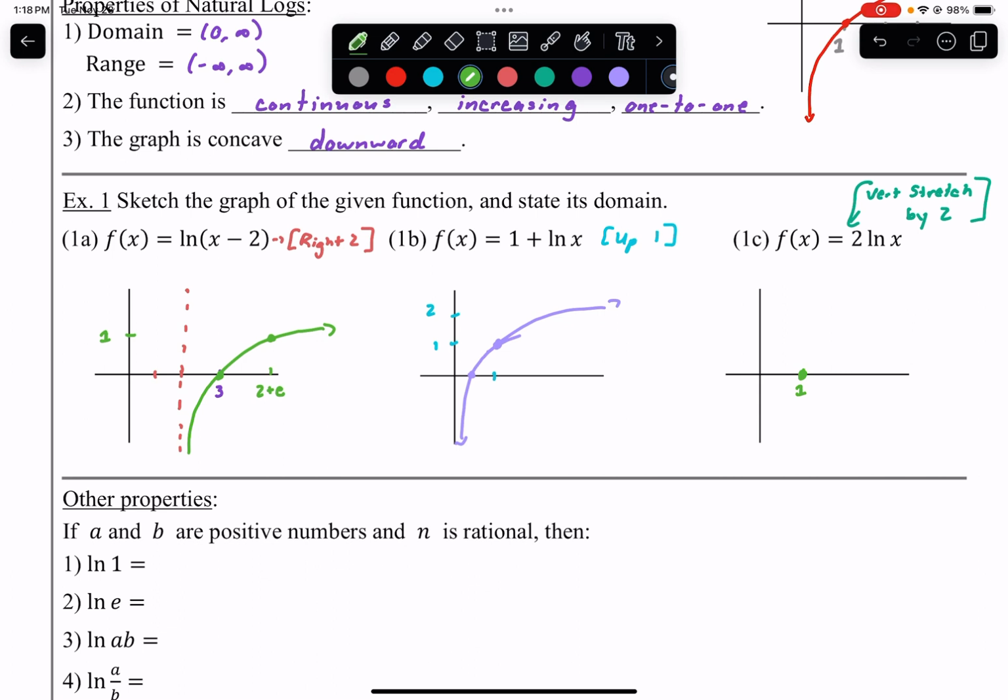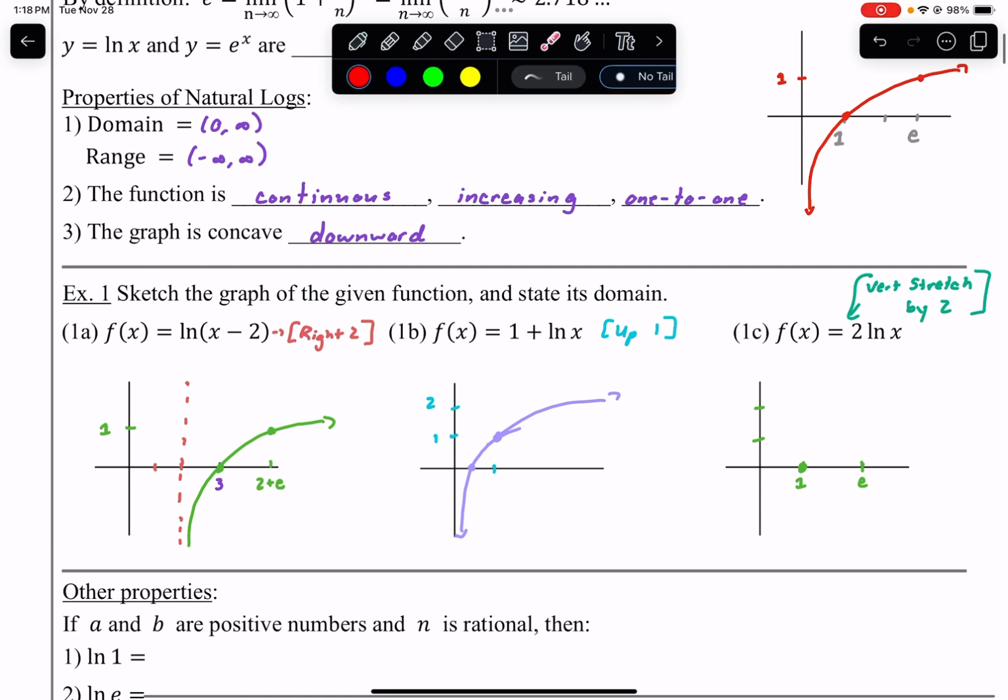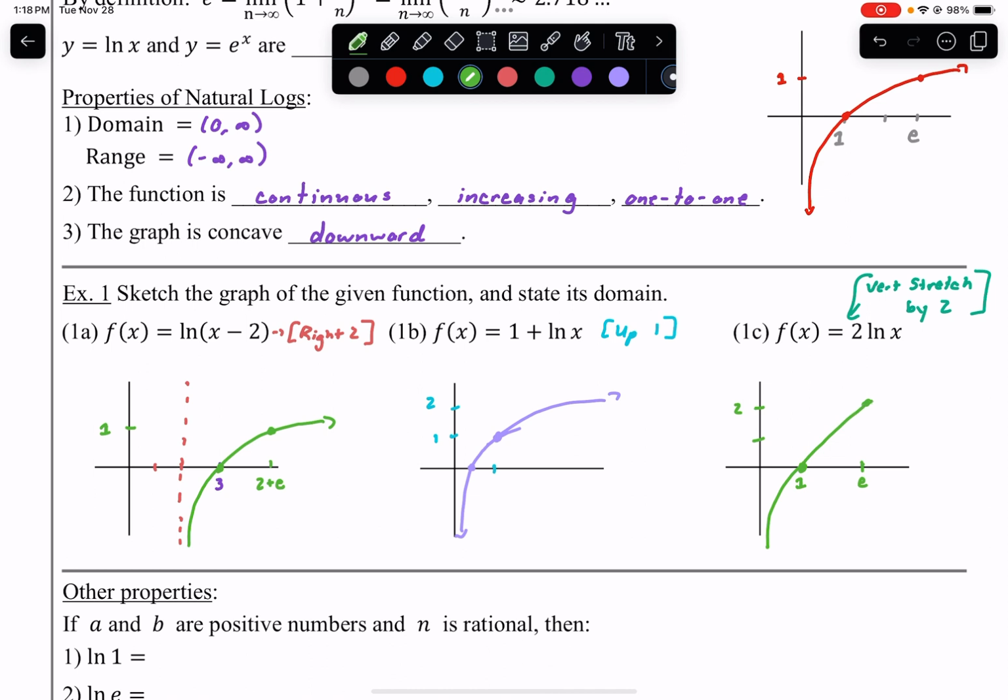But by the time I get to e, the y value was originally 1, but now that y value is 2. So by the time I get here, I get this vertical stretch. But it's still concave down, it's still continuous.